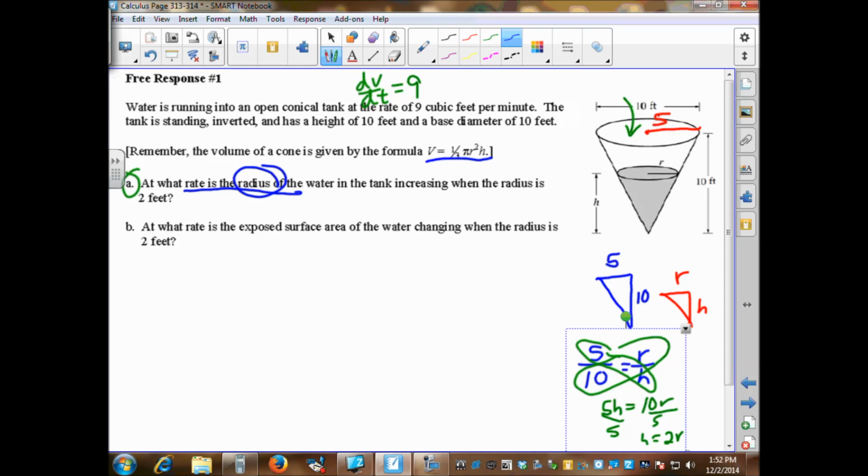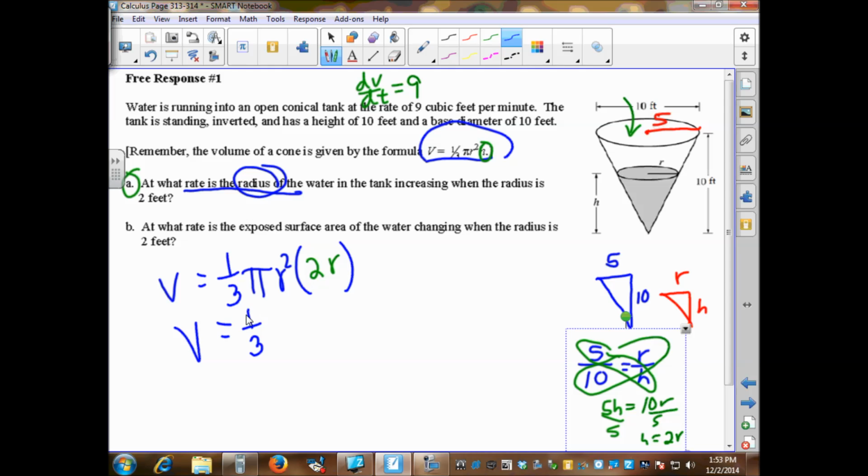Now we're going to use this formula, and instead of h, we're going to plug in 2r. This problem is going to work out really nice because I've got 2 over 1 over 3, that gives us 2/3 pi, r squared times r is r cubed.